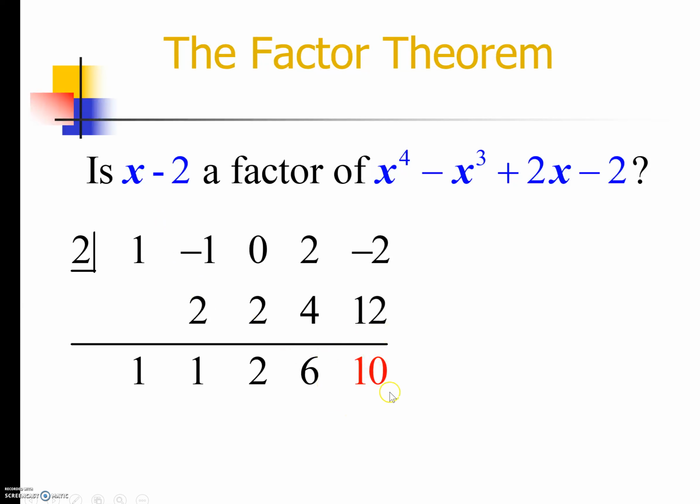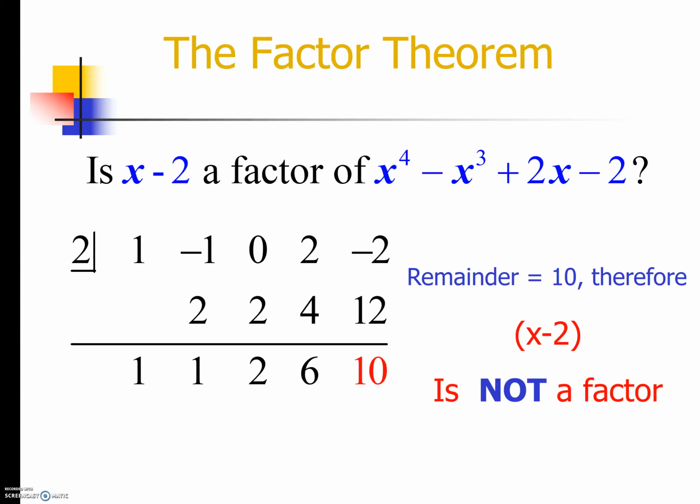You will get the remainder as 10, which means x minus 2 is not a factor of this given polynomial. Remember, in order to be a factor, the remainder must be equal to 0.